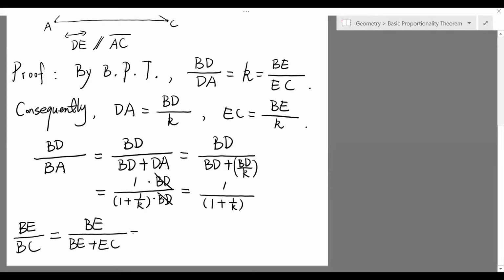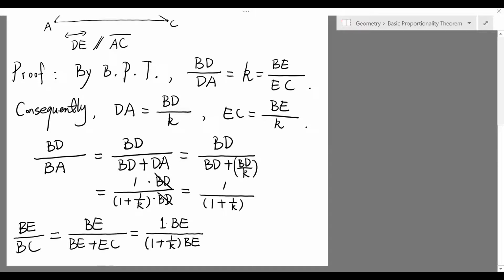Then we go through a similar argument that EC is equal to BE over k. Hence, the denominator could be replaced by 1 plus 1 over k times BE. And the numerator is still just BE.